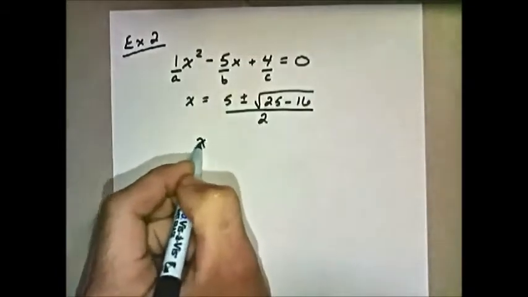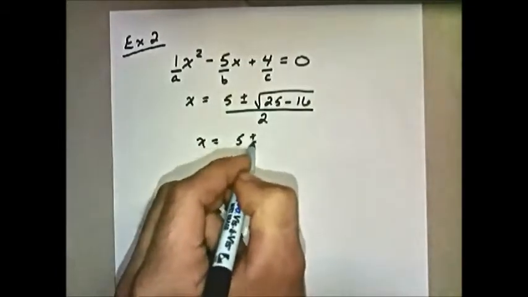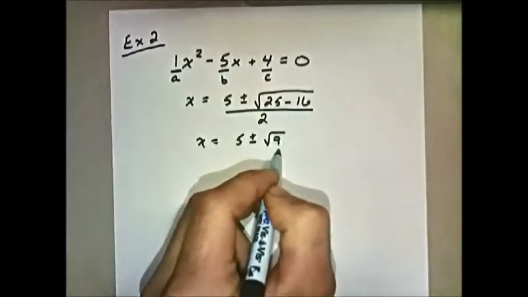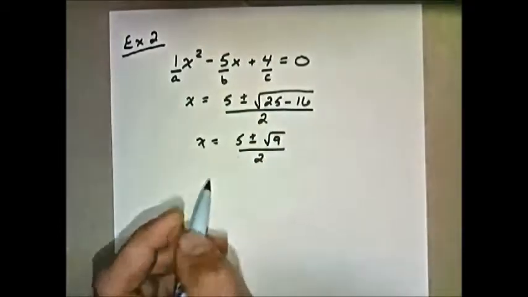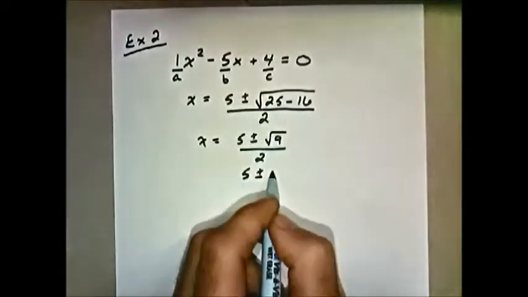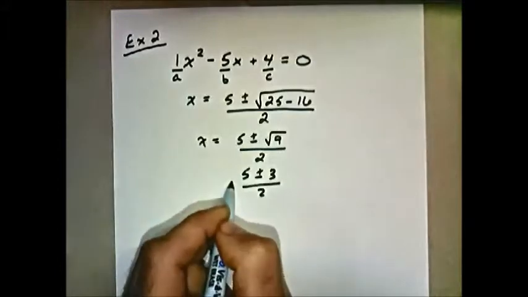So here, simplifying, we have 5 plus or minus the square root. 25 minus 16 is 9 over 2. 5 plus or minus the square root of 9 is 3 over 2.